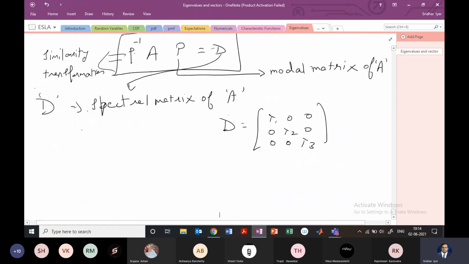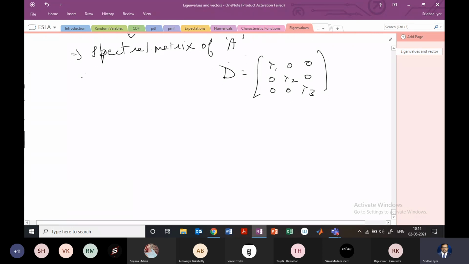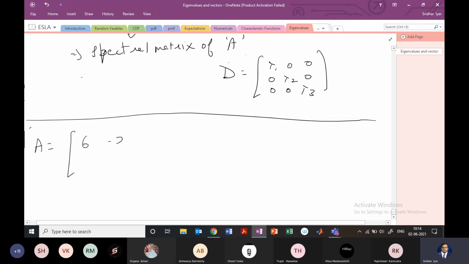So I'm just going to rewrite the matrix, which I gave to you yesterday: 6, negative 2, 2, negative 2, 3, negative 1, 2, negative 1, 3. This was the matrix which was given.